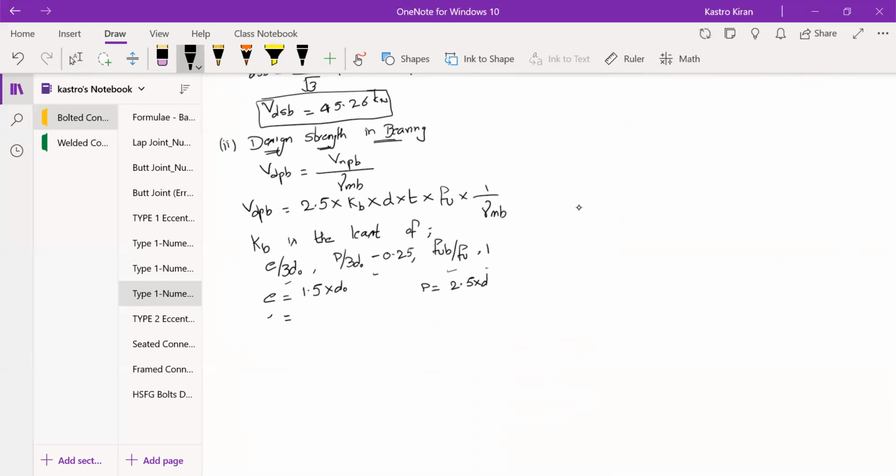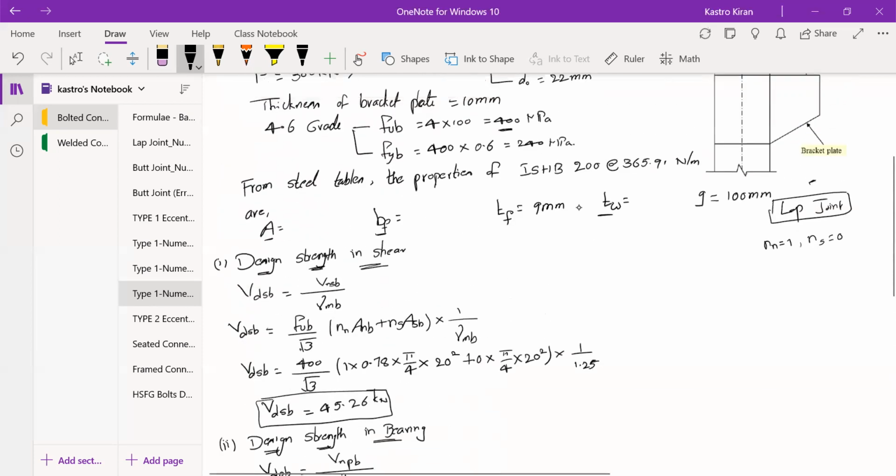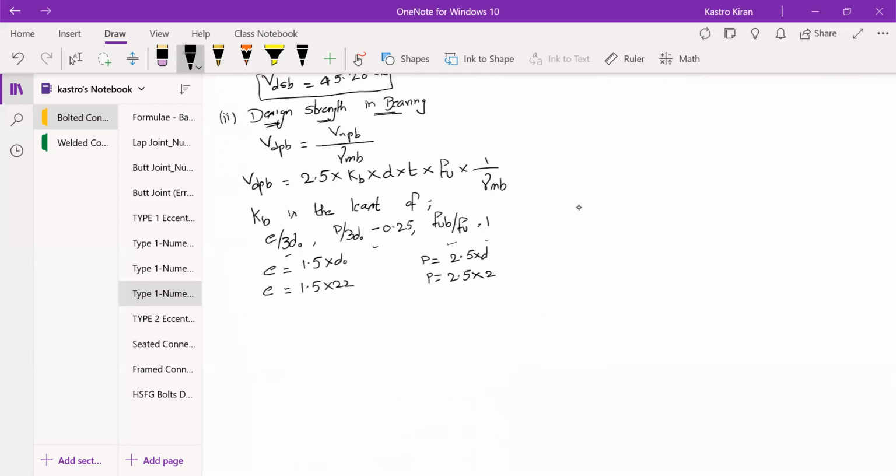So e equals 1.5 into d naught, where d naught is the diameter of bolt hole, which is 22 mm, and p equals 2.5 into d, where d is the diameter of bolt, that is 20. So 2.5 into 20 gives approximately 60 mm pitch. The edge distance comes to 33 mm, so approximately you assume the nearest value, that is 40 mm.